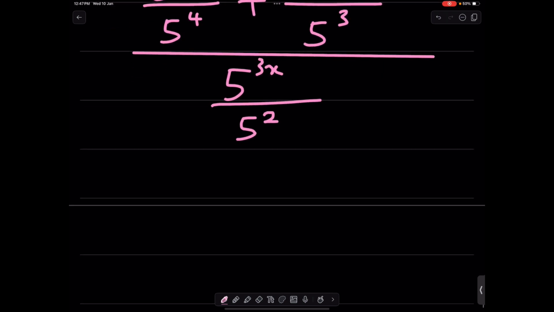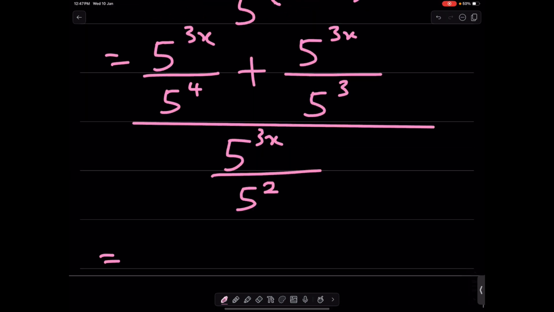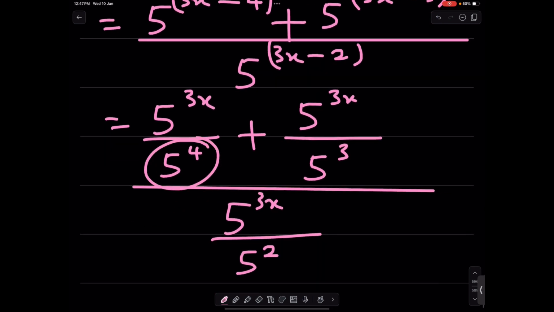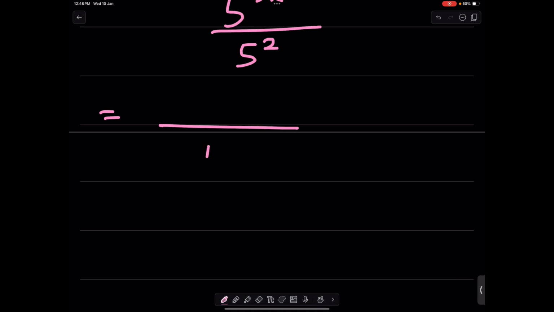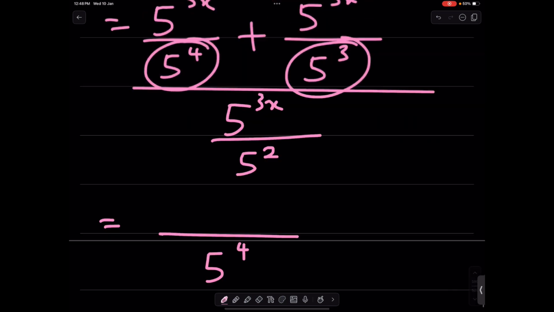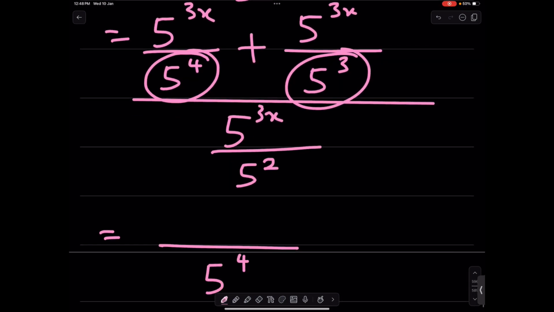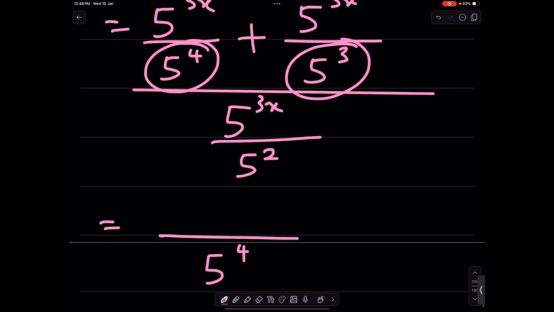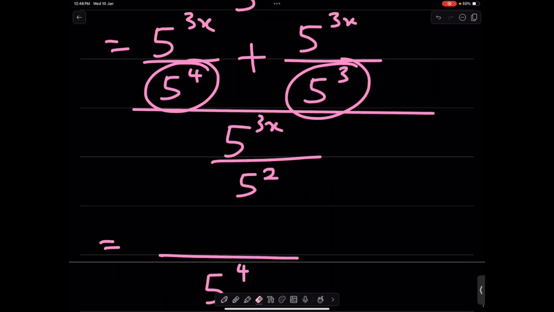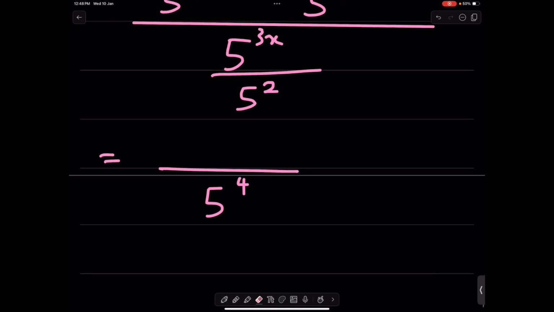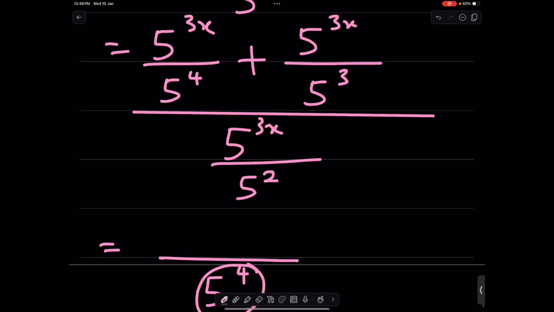Okay, so that simply means the LCM of 5 raised to the power 4 and 5 raised to the power 3 is 5 raised to the power 4. So you can write that as 5 raised to the power 4. Now, 5 raised to the power 4 divided by 5 raised to the power 4 is 1 times 5 raised to the power 3x.